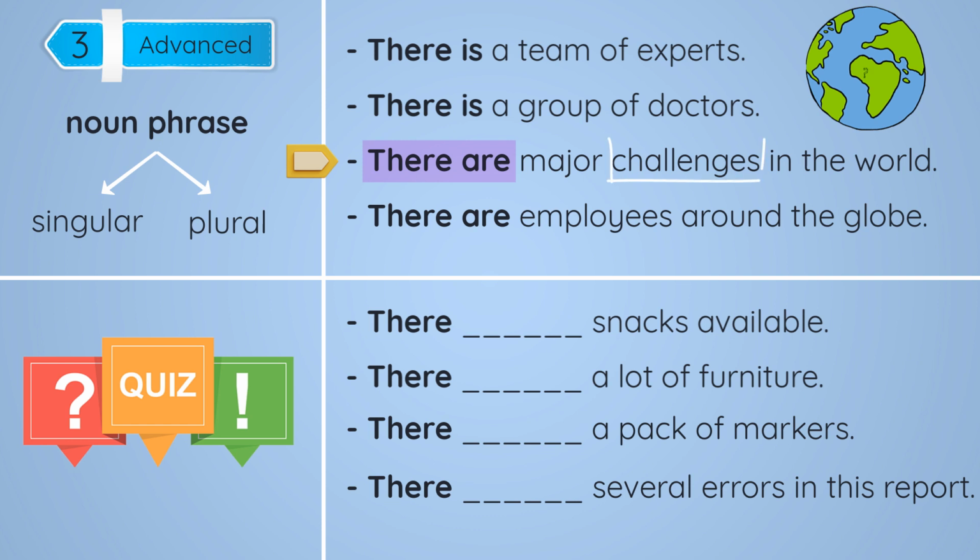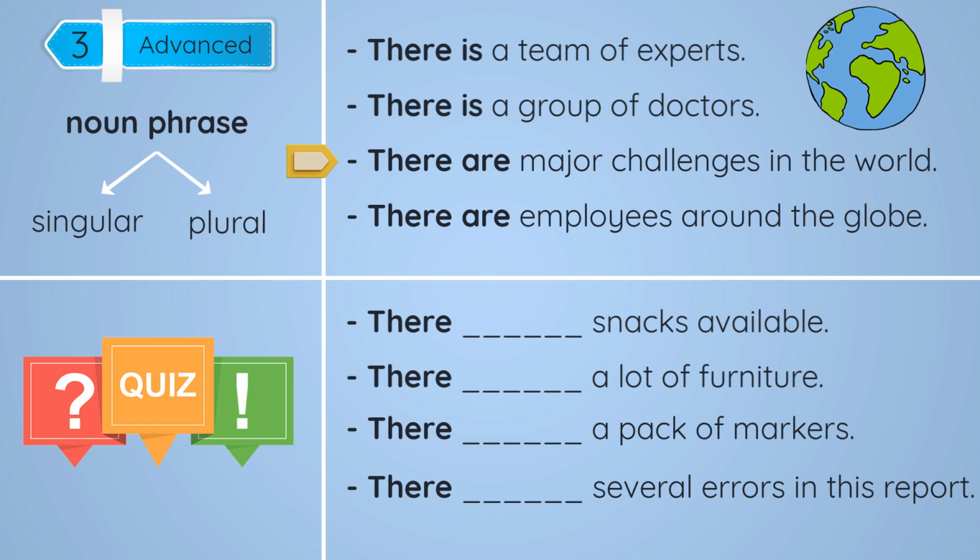Is it because of challenges or because of the word world? It's because of the word challenges. Because as I said, in the world doesn't matter, right? That's part of a prepositional phrase within that just explains a little bit about challenges. But that doesn't matter in terms of deciding the verb that we use.